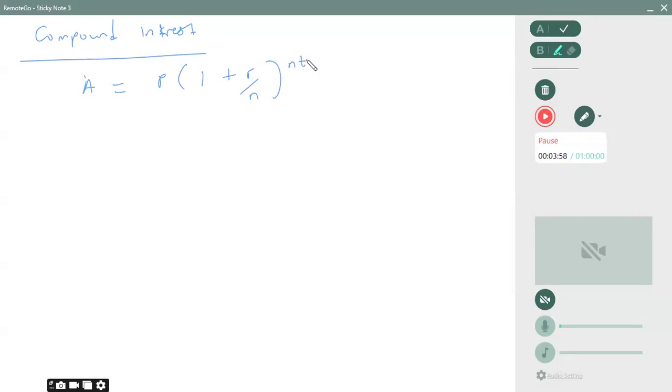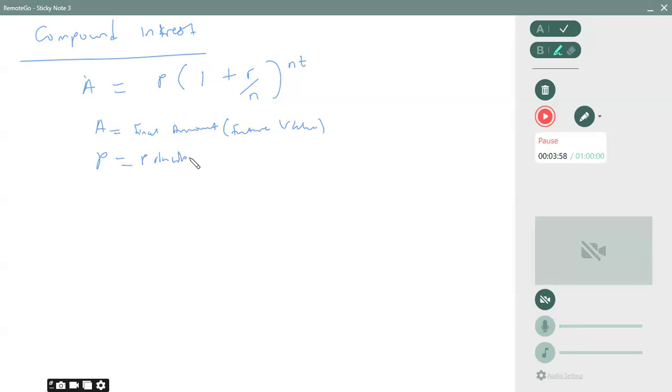I'm going to explain what these mean, because by the time you're doing the paper, teachers expect you to know all these. A means final amount, or in brackets future value. Then P is the principal amount.